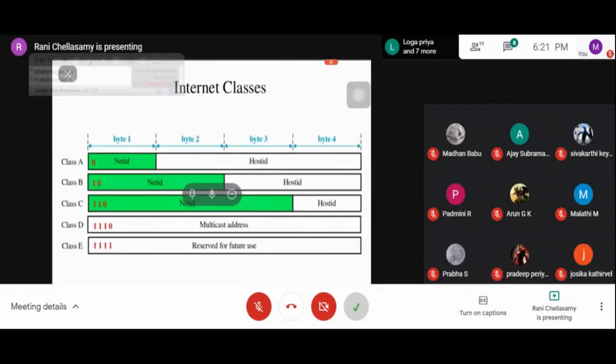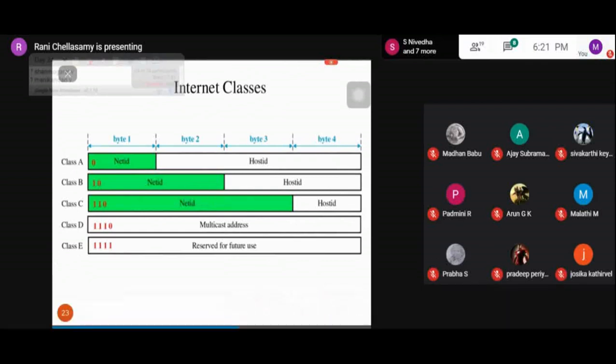The same thing is depicted here. Class A occupies only 1 byte of network portion, and the remaining 3 bytes are host portion.